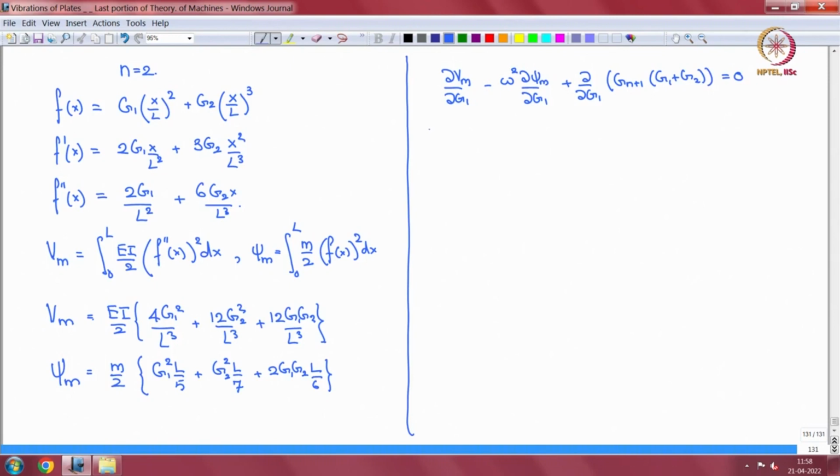Okay, so del Vm by del G1 is what? Is equal to EI by 2 [8 G1 by L cube plus 12 G2 by L cube].